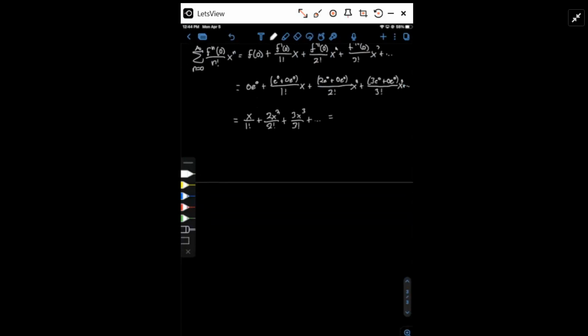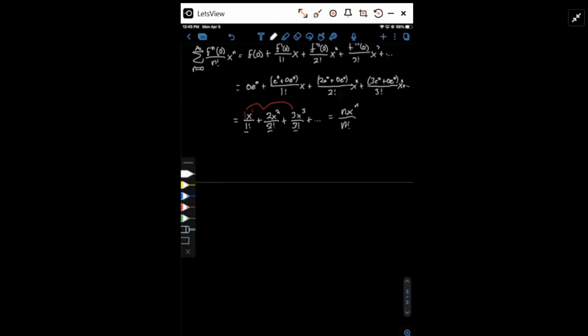When we look at the pattern here, we see we have an invisible 1 right here, and it increases every term. So we have n times x to the n, because this also is the first power, over 1, 2, 3, so it's also n factorial.